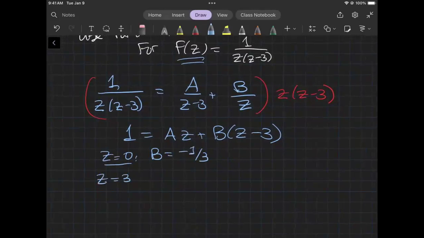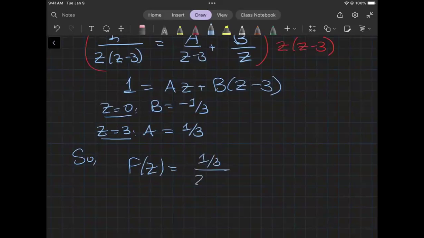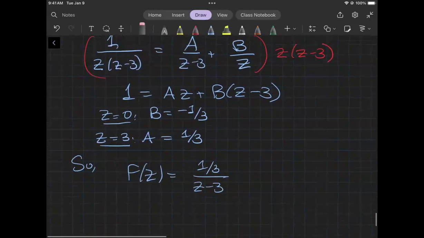And if z equals 3, we'll get that a is equal to 1/3. So we can express f of z as a sum of two fractions: 1/3 over z minus 3 minus 1/3 over z.